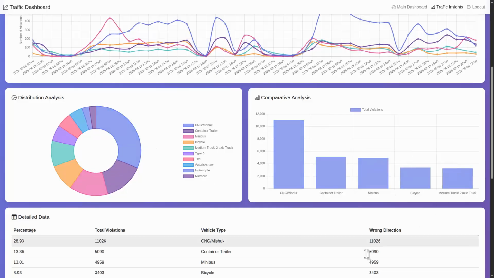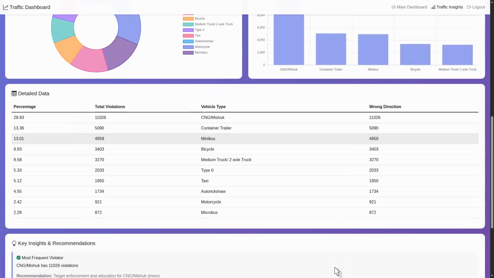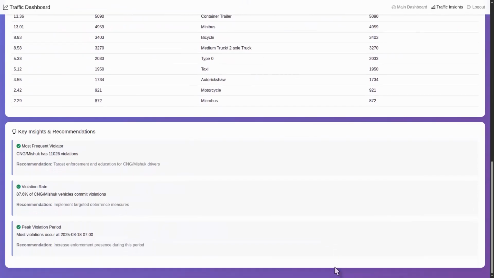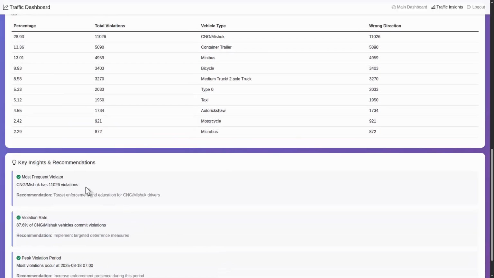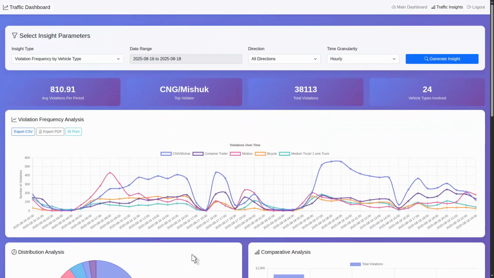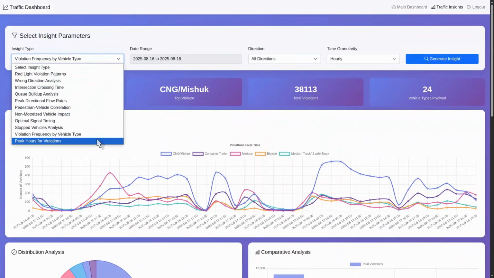Container trailer, minibus, bicycle. Some of the common vehicle types, 87.6% CNG Mishuk vehicles are committing more violations, and most violations occur at 7 a.m. That's interesting.